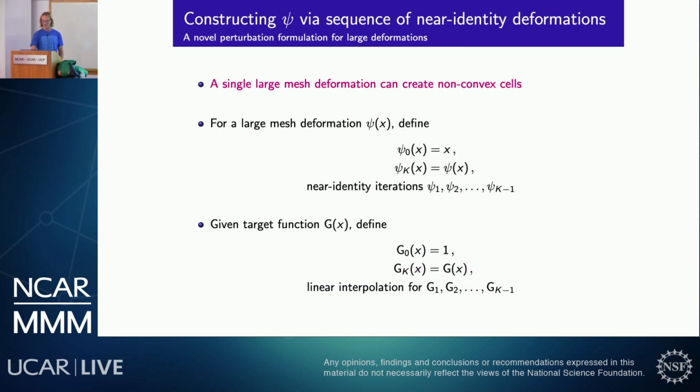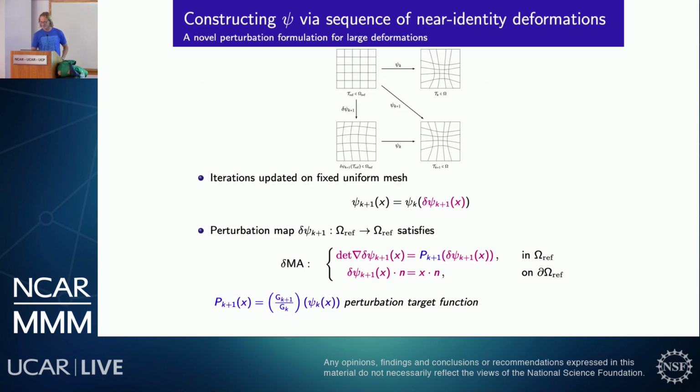And the idea of this scheme, it's the first perturbation algorithm I'm aware of where every single perturbation is solved exactly on the original uniform reference mesh that you began with. So it's not like you keep having to solve the problem on a new mesh. You're always solving the same problem on the same mesh, and the only thing that changes is the rule G that is given as how you contort the mesh.